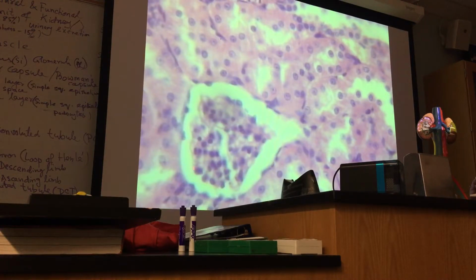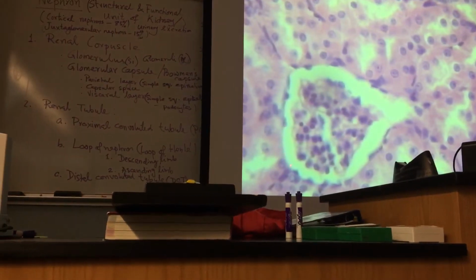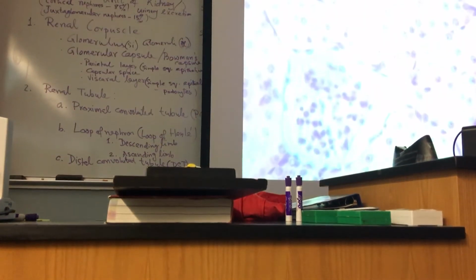This is the capsular space where the glomerular filtrate accumulates. And from there, it will flow into the proximal convoluted tubule. So, the glomerular capsule has the parietal layer, this is the parietal layer, and the visceral layer is over here.